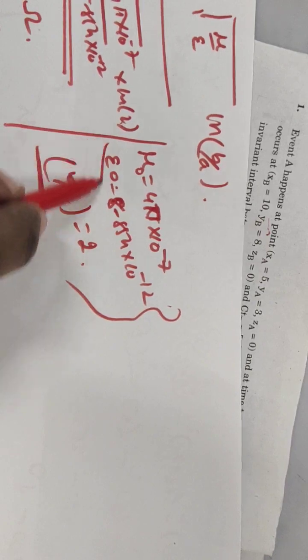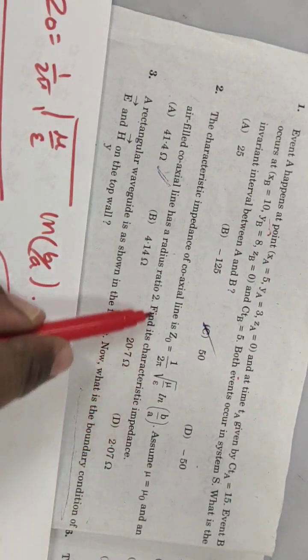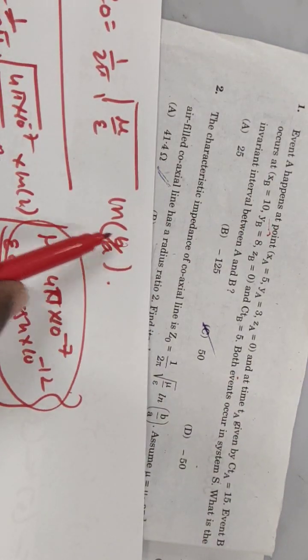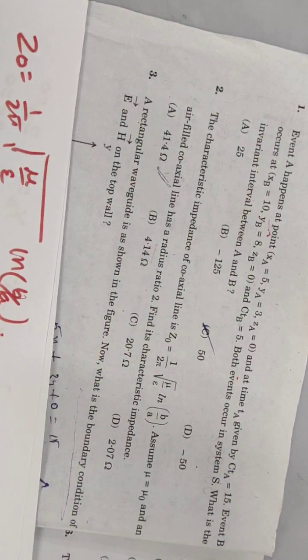These are the constants we should remember. In the question they mentioned that the radius ratio is 2, so that is b by a. So 41.4 ohm is the correct answer.